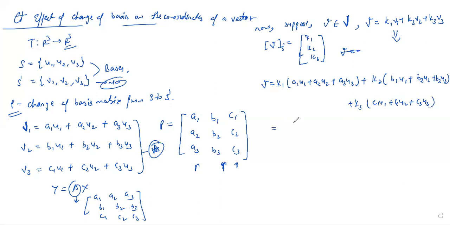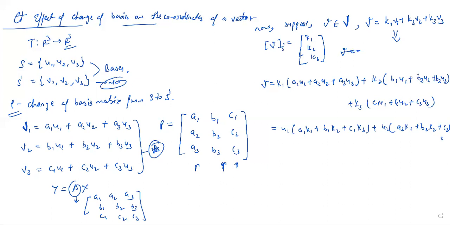Okay. Now take the vectors U1, U2, U3 common. By taking U1 common, I get A1 K1 plus B1 K2 plus C1 K3. And here we'll take the U2 vector common, and we get A2 K1 plus B2 K2 plus C2 K3.